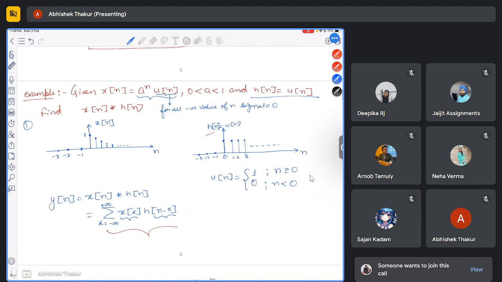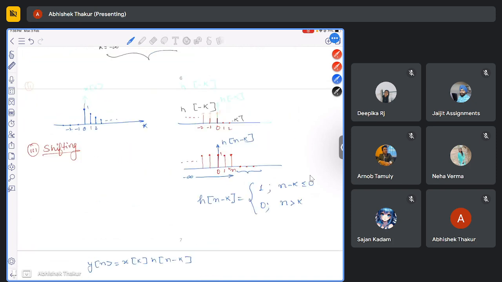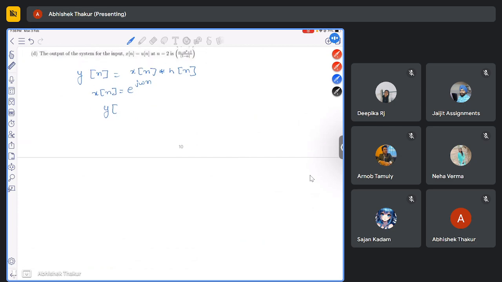Here we have written y of n is equal to the summation of x of k h of n minus k, and the value of k is from minus infinity to plus infinity.